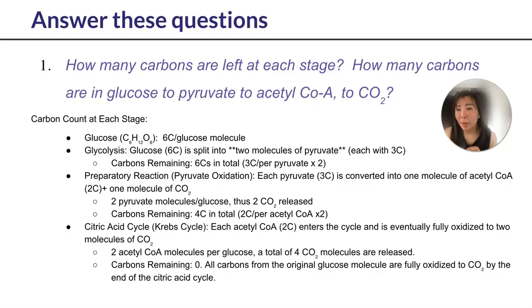Now from the preparatory reaction, we move on to the citric acid cycle. We take our acetyl-CoA, which at this point has 2 carbons, and we enter the citric acid cycle twice. In that cycle, we undergo a series of oxidation reactions. Those oxidation reactions end up resulting in CO2 being released as well as NADH and FADH2 being produced, which we'll talk about later, as well as ATP, which we'll also talk about in the next question.